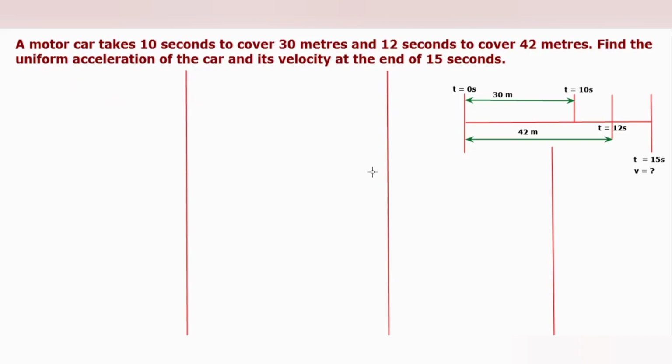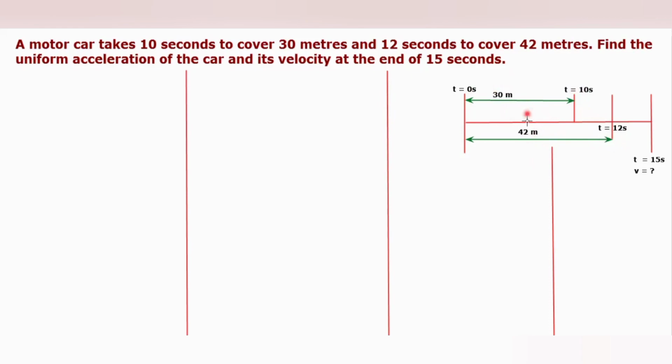Initially, at t equal to 0 seconds, the car is in motion here. That initial velocity we don't know, which we have to calculate. In the first 10 seconds, it covers a distance of 30 meters, and in 12 seconds, it covers a distance of 42 meters.